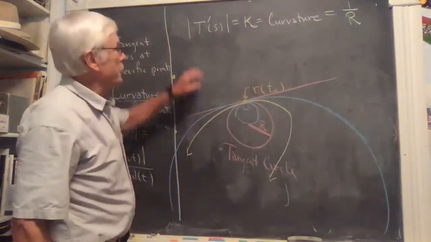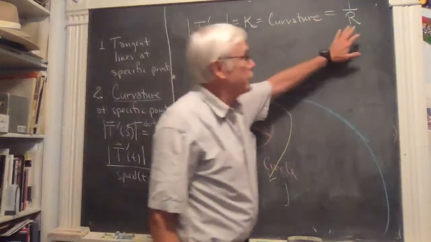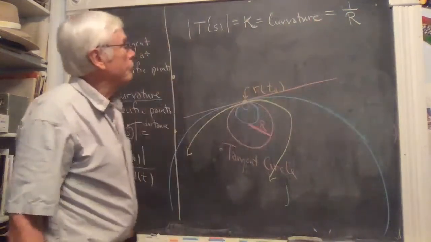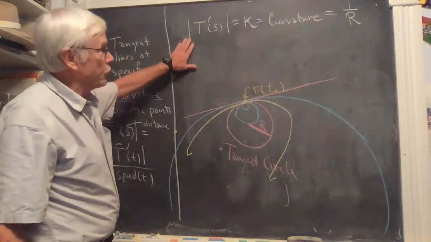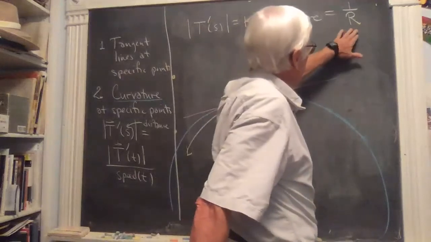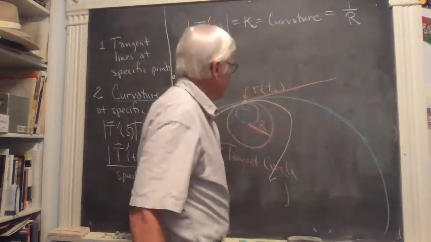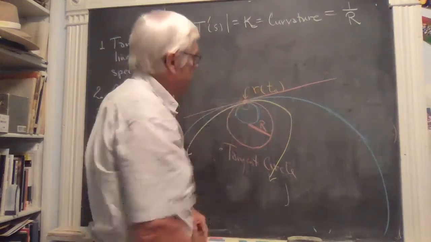So this is actually a theorem that this computation gives this value. So the curvature is large when the radius is small, and that makes sense. If the radius is small, that means it's very tightly curved.